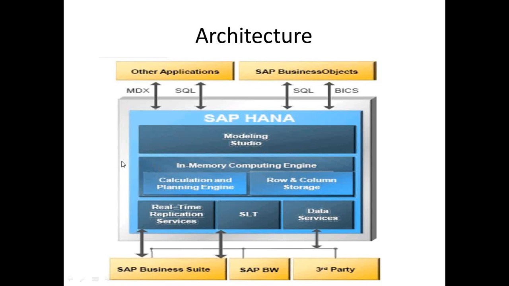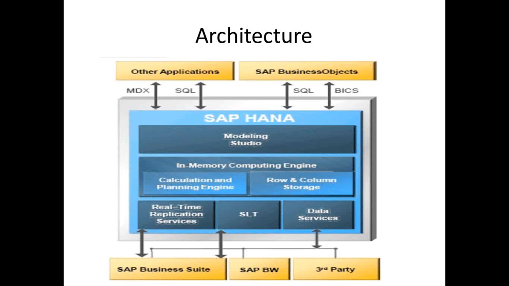The in-memory computing engine is the second layer, which is the heart of the system. It consists of the calculation and planning engine, and it also consists of the row and the column storage. The row and the column storage is where these replication engines will load the data, and then you have the calculation and the planning engine.